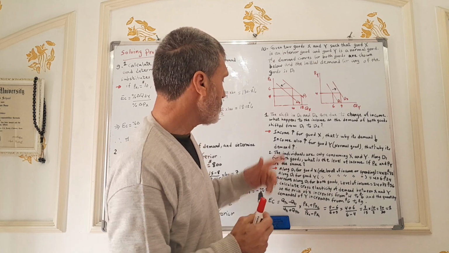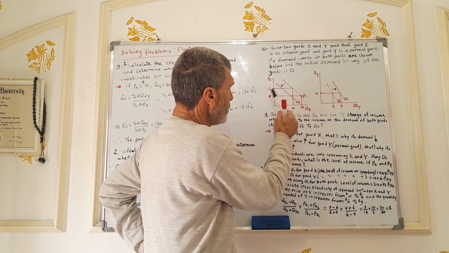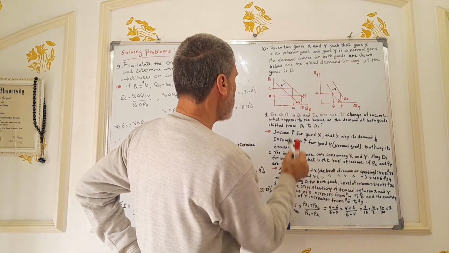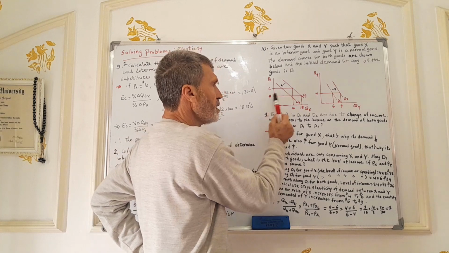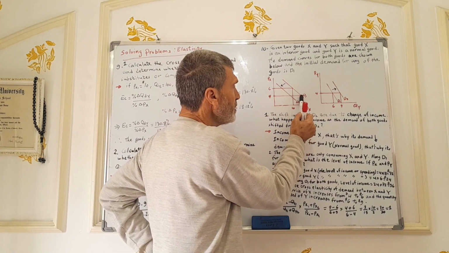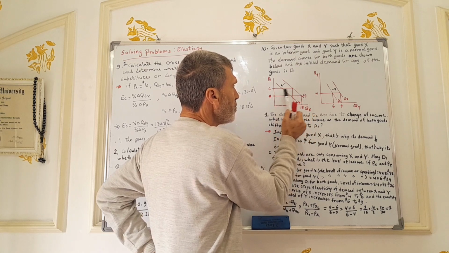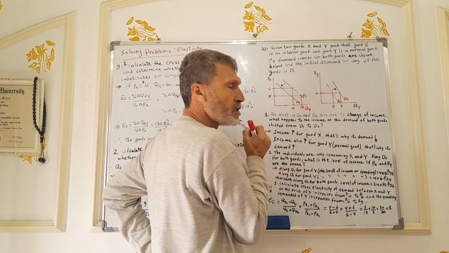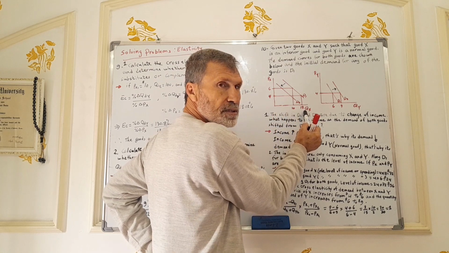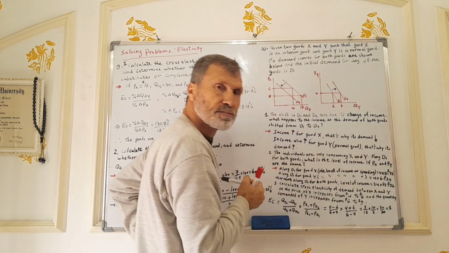Now, as you can see, along D1, if PX and PY are the same, then along D1, the quantity demanded is 18. So along D1, the level of expenditure or income devoted to the good X is 4 times 18, which is 72.